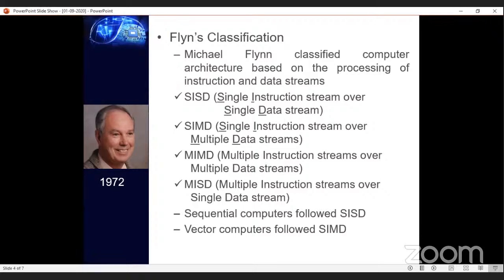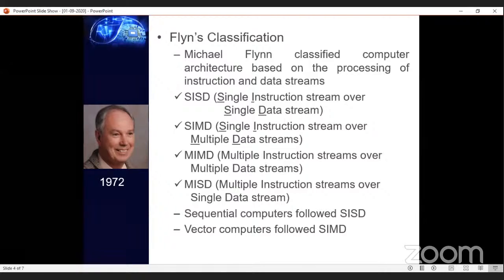difference. Vector computers always execute the same type of instruction or the same type of data. So such computers are following which one? SIMD. Sequential computers are following which one?